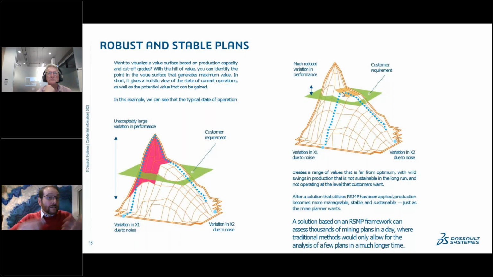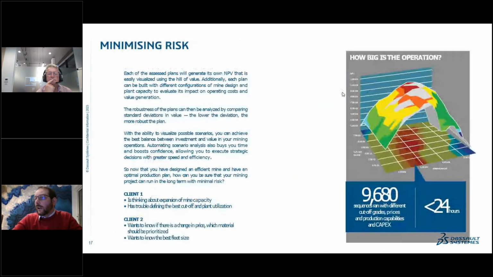What if the grade isn't as good as we say it is? What if we're not able to get the recoveries that we think we're going to get through our mill? What if we're not able to achieve the production capacities that we say we're going to have? Okay? So we have to be able to look at a range of different parameters to try and see how that works, and to try and minimize that risk to us.